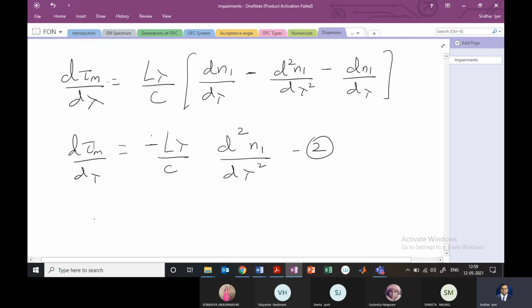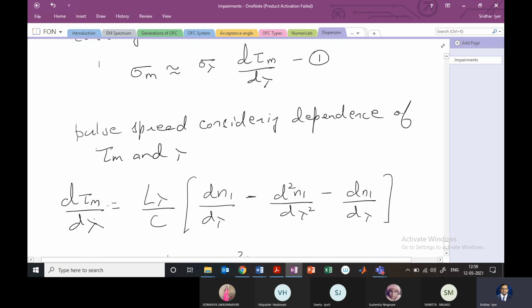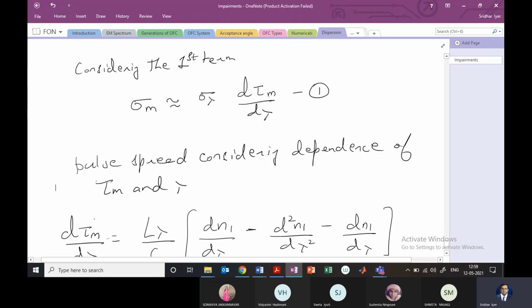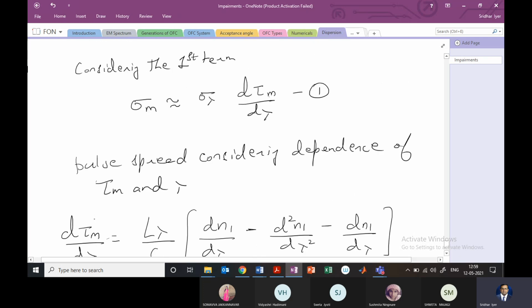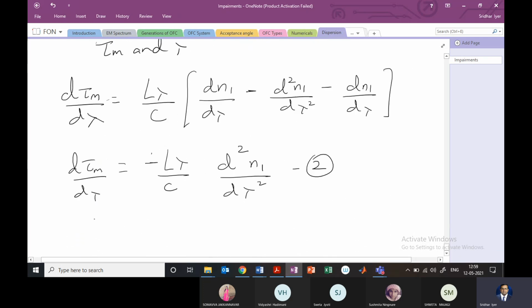Now we can use this equation 2 in equation 1 because you have d tau m by d lambda and the LHS is d tau m by d lambda. So you have to multiply that equation 2 with sigma lambda. So we'll get sigma m, right?